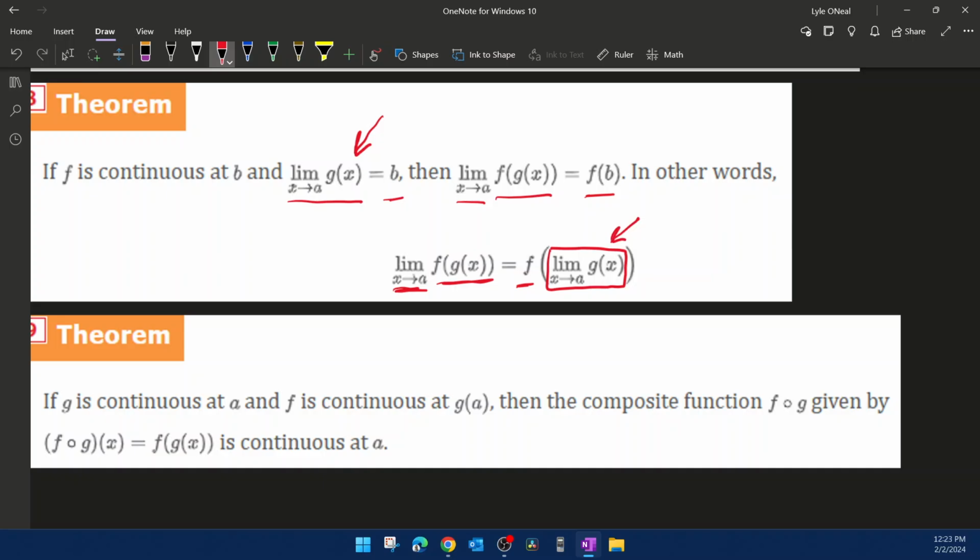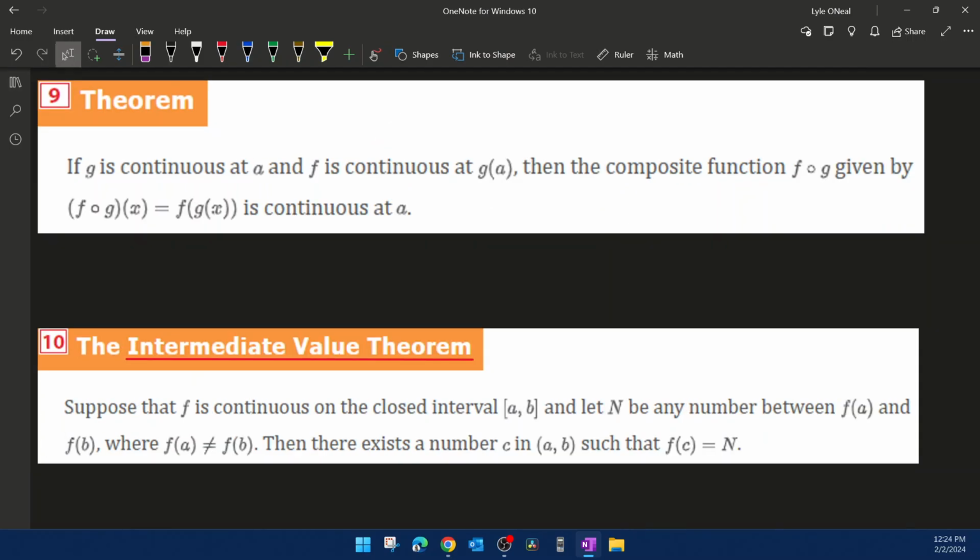That's what this says. Next, another theorem. If g is continuous at a and f is continuous at g of a, then the composite function f circle g given by this notation will be continuous at a.